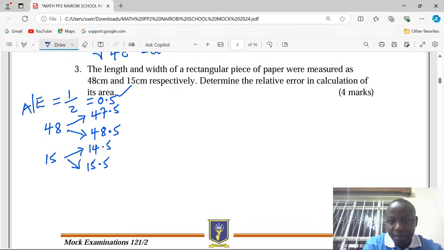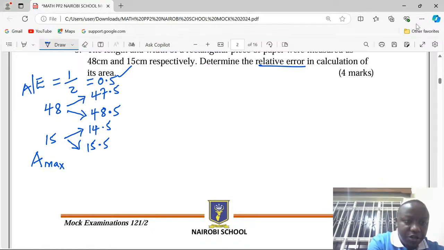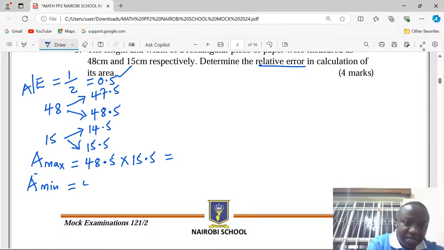And with this, remember the relative error is calculated in the area. Area is given by length times width. So we can get maximum area first. Area maximum for this piece of paper is going to be equal to the upper limits of each dimension, so 48.5 by 15.5. Then area minimum, lower limits for each case, 47.5 multiplied by 14.5.